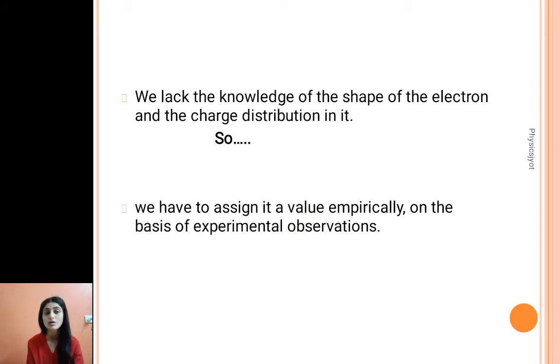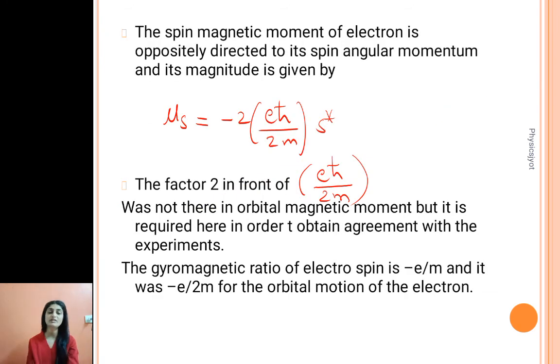We don't know the shape of the electron or how the charge is distributed in it, so we do not calculate the value, but we just assign it a value empirically on the basis of experimental observations. So this value S equal to 1/2 is just assigned to the electron on the basis of experimental observations. We will also write μ_s, the magnetic moment in terms of spin. That value also we are just writing; it is an assigned value, not a calculated one.